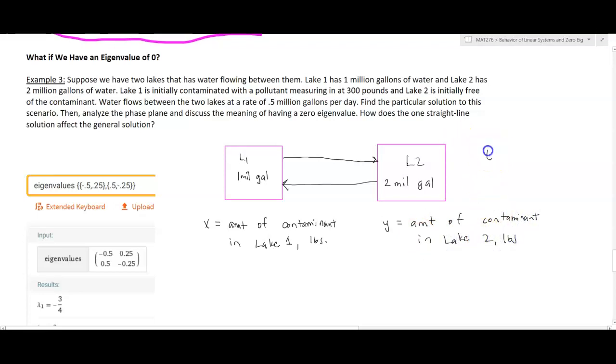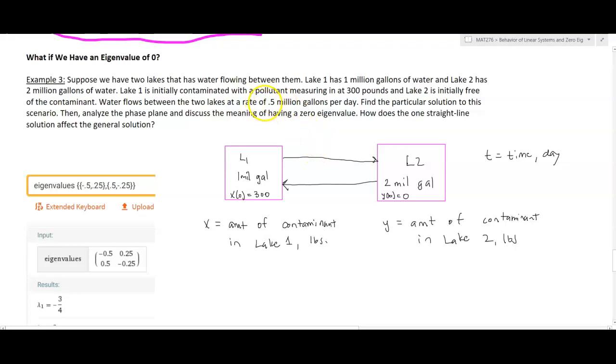T is going to be time in days, because you'll see that we're talking about days here. And so we know that X of 0 is 300, so the total amount of contaminant in Lake 1 at time 0 is 300 pounds, and Y of 0 is initially 0 because that one is clean. So you can imagine what's going to happen here. That contaminant is eventually going to distribute itself among the two lakes.